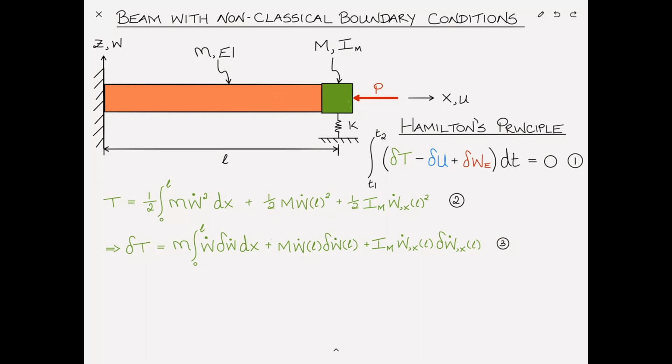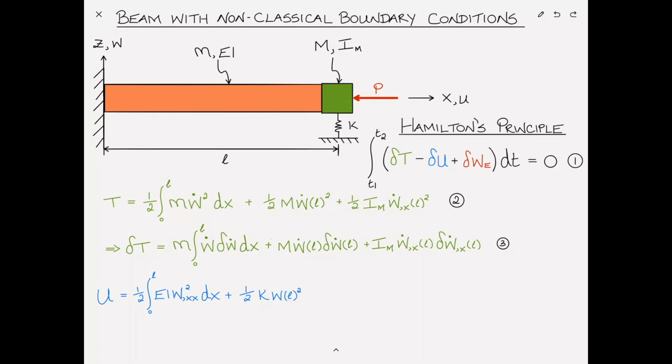Similarly, we find an expression for the potential energy of the system, U. The first component of this is the strain energy of the beam. It's 1/2 the integral from 0 to L of EI w comma xx squared dx. And we need to add to that the contribution to the potential energy that the spring gives us, 1/2 K times the deflection of the spring squared. And since the spring is at the tip, its deflection is just w of L squared.